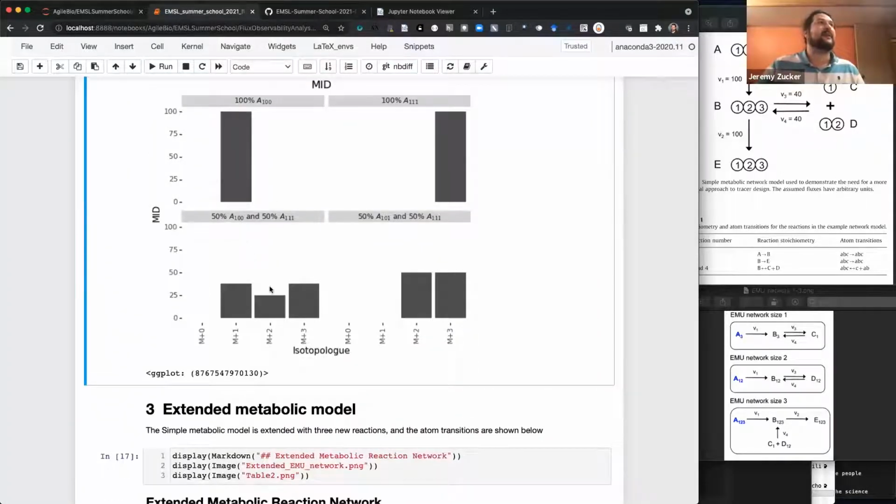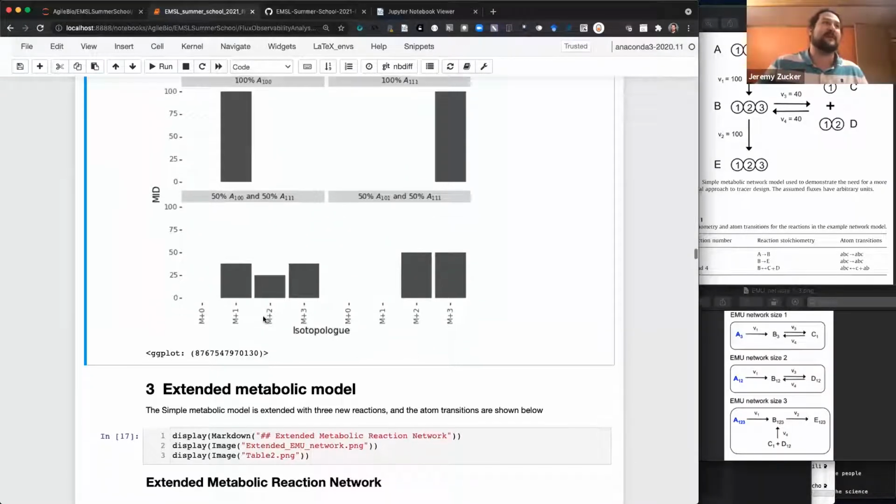So it's only in this case right here where we have 1 labeled and fully labeled that you have this MID. And then we can say, all right, well, because we know that M+2 only came from A12 convolved with A3, we can now separate out the 2 branches of the pathways.